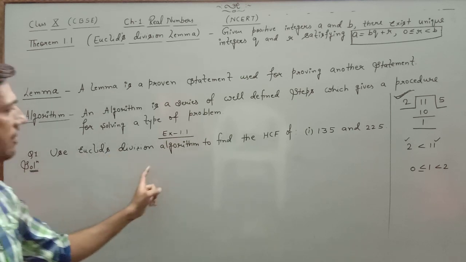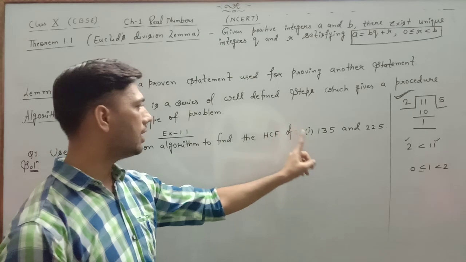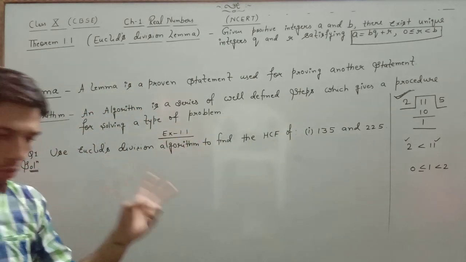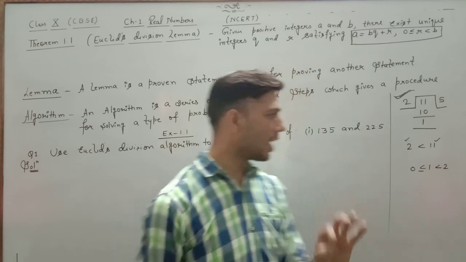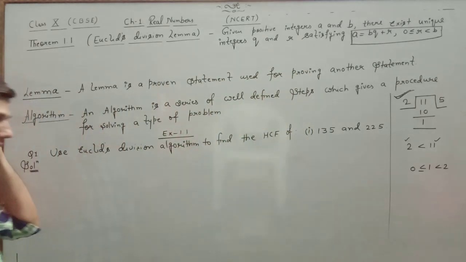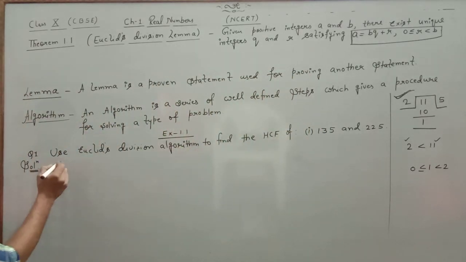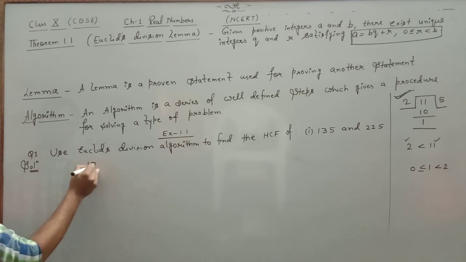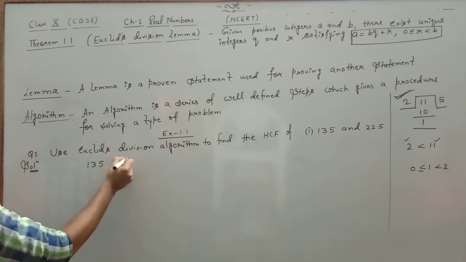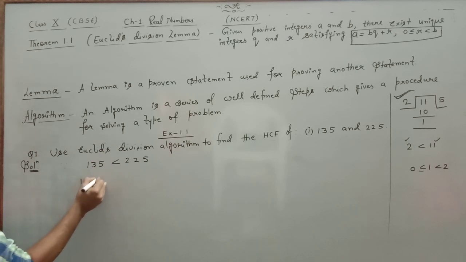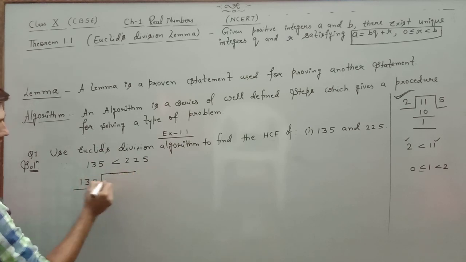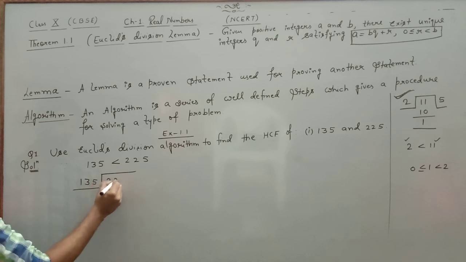We will discuss here question number 1 of exercise 1.1. Use Euclid's division algorithm to find the HCF of the two numbers 135 and 225. Firstly, check which is greater. See, 225 is greater. Since 135 is less than 225, 135 is the divisor and 225 is the dividend.